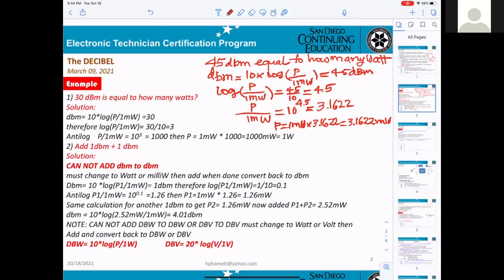Yeah, 10 raised to the 4.5 is 31622.7766. Okay, 316, not 3.16. So this is the wrong one.